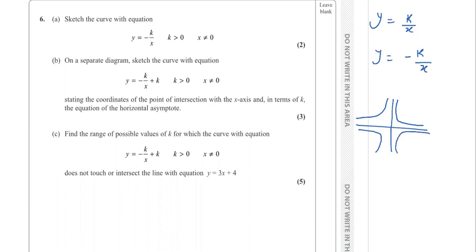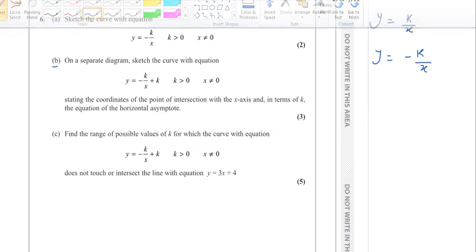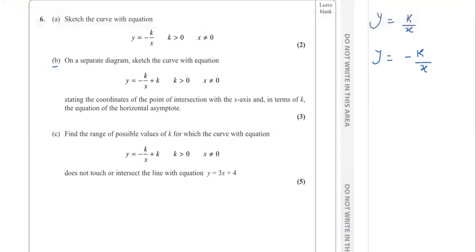So right now in part A, we have to draw y is equal to minus k over x. It will have two asymptotes, vertical and horizontal. If I sketch it, the sketch will look like this. First, let me draw the axes.